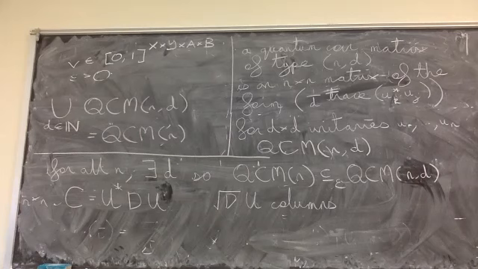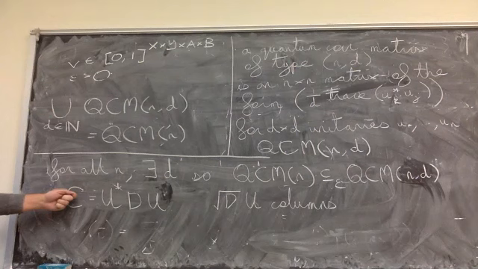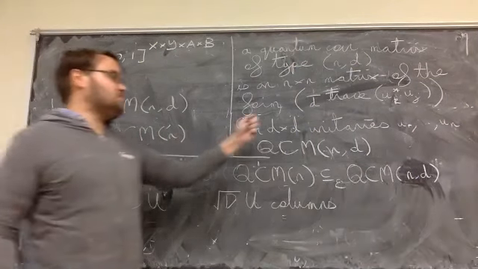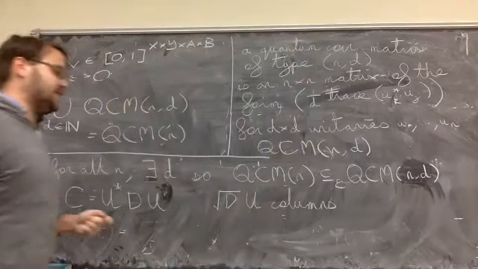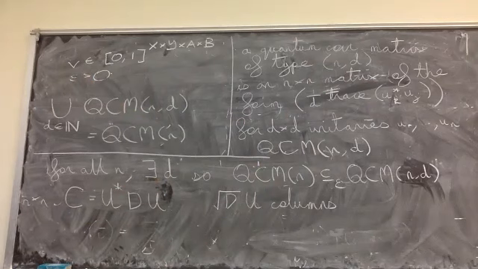But the issue is, if C is a quantum correlation matrix, so if C came from this construction with unitaries, we can do this, but there's no reason it's going to give us another quantum correlation matrix.